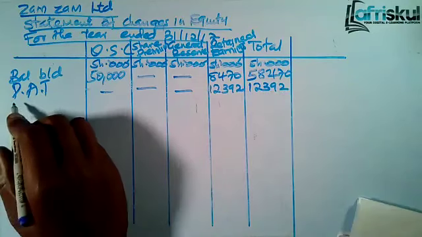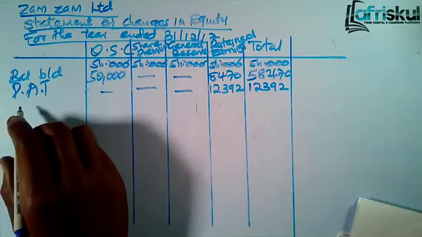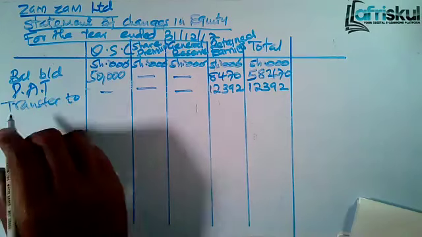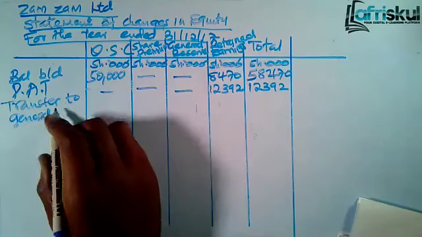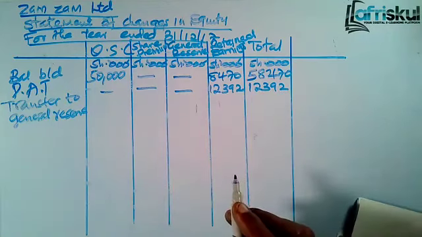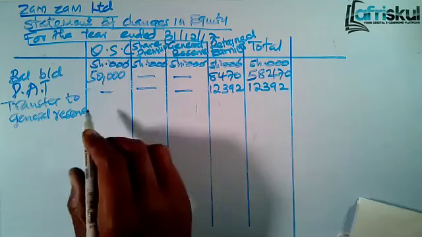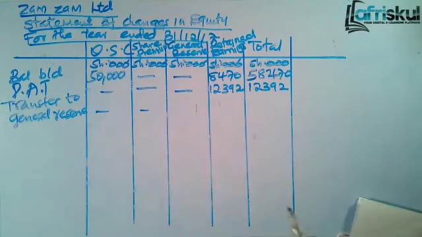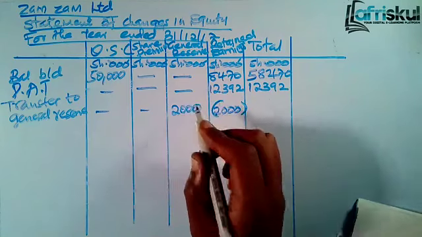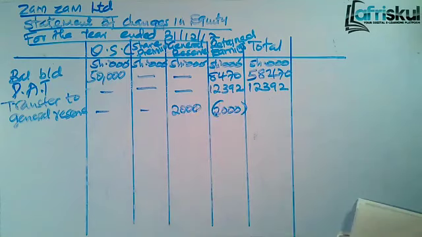And then also we'll have the transfer to general reserve, which is an amount of 2,000. That amount will be removed from the retained earnings, which is also the revenue reserves, and you take it to the general reserve. So at the end of it, that will be 0.